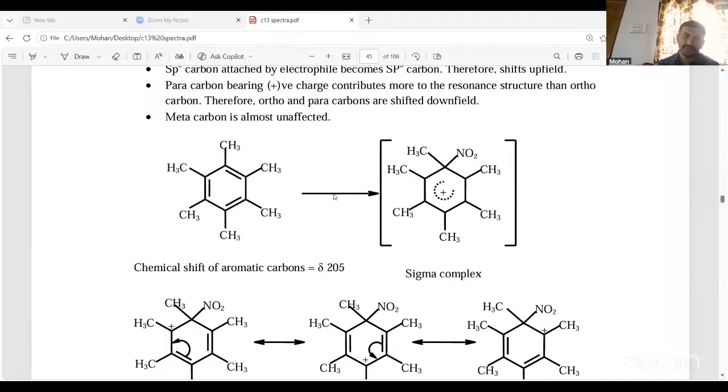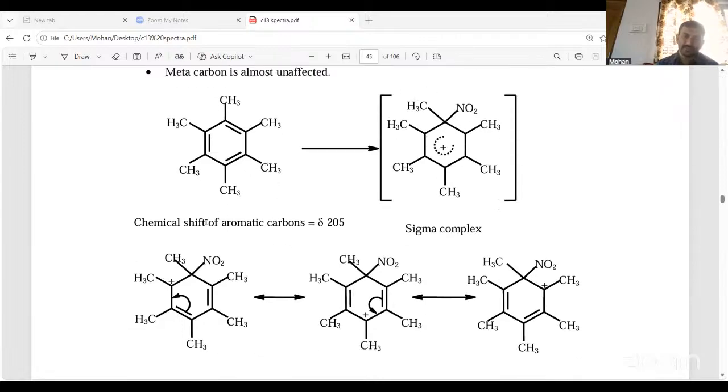And you know that nitration is an electrophilic substitution reaction, an aromatic electrophilic substitution reaction. So generally here you see the normal benzene, the C13 chemical shift values of the carbon, this carbon.